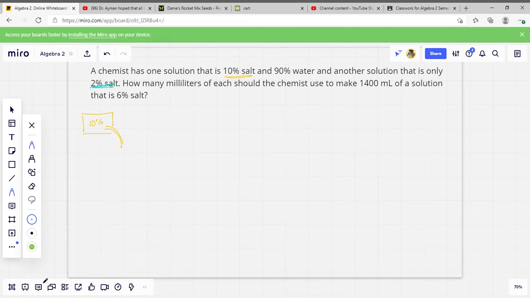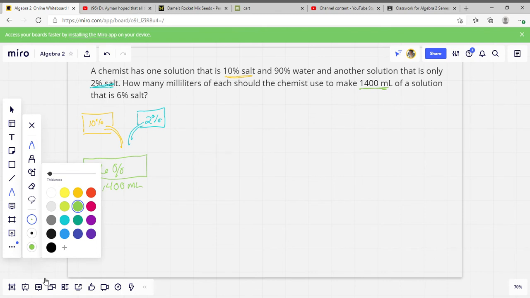So I've got this one, which is 2%. And those are mixing together to make, how many milliliters of each should the chemist mix to make 1,400 milliliters of a solution that's 6%? Okay, so this one's got to be 6%.